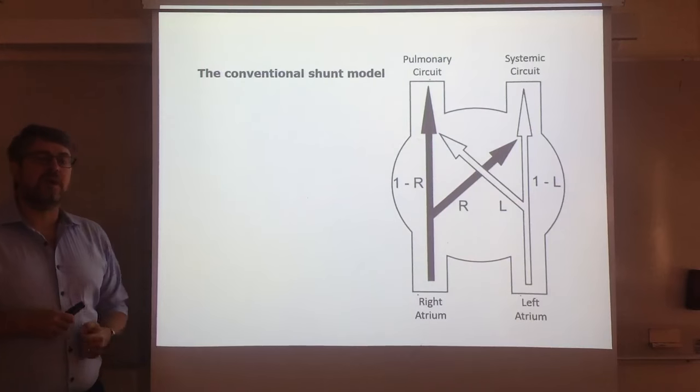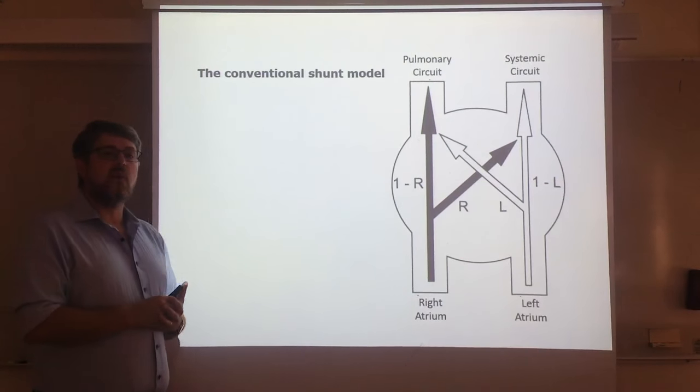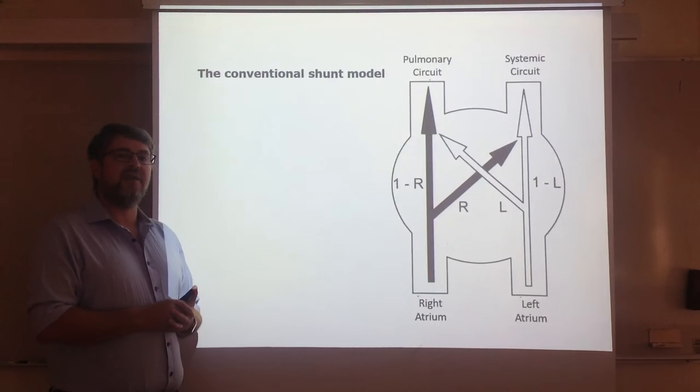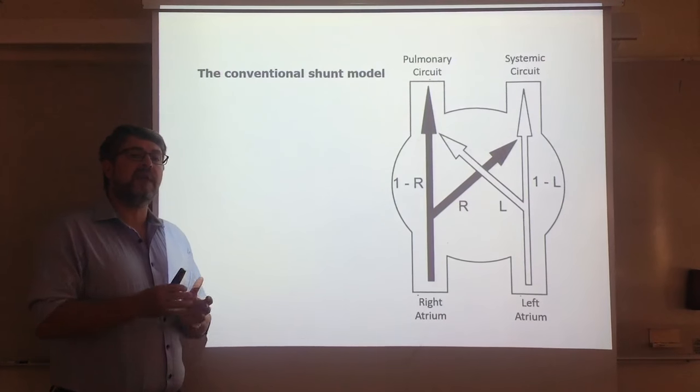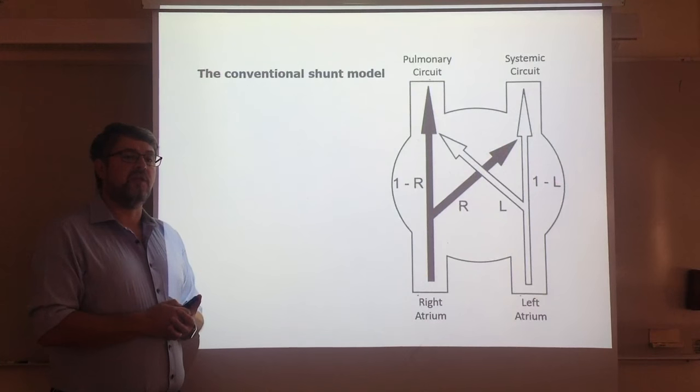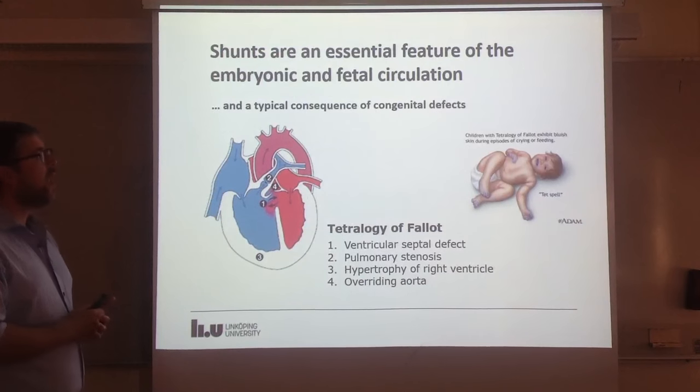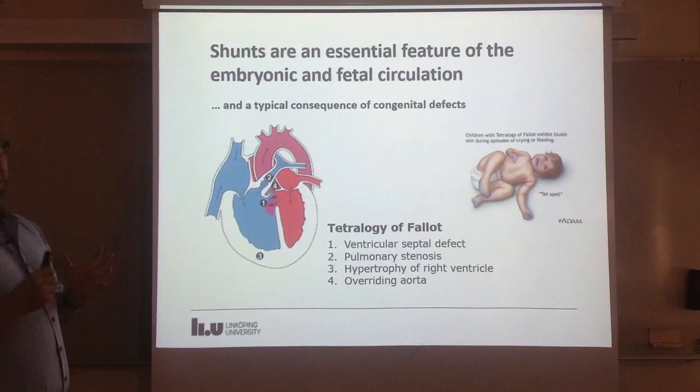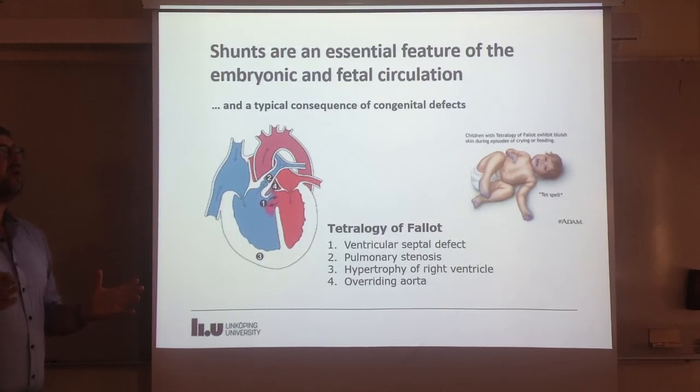We're going to see now for the rest of the mini lecture how this affects babies, and then some evolutionary implications that this will have for next mini lecture in this module. Shunts are an essential feature, as I said, of the embryonic and the fetal circulation.